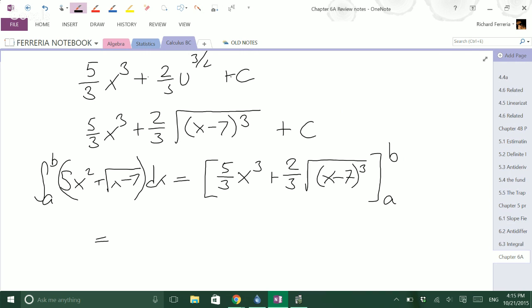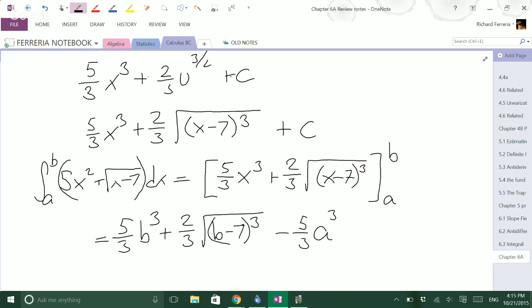That's 5/3 b cubed plus 2/3 square root of b minus 7 cubed minus 5/3 a cubed minus 2/3 root a minus 7 cubed. Go ahead and group things together.